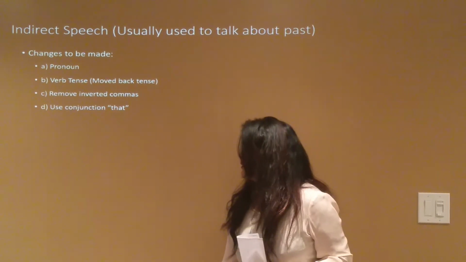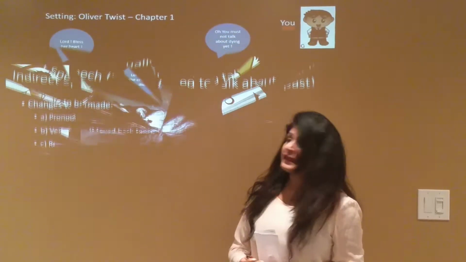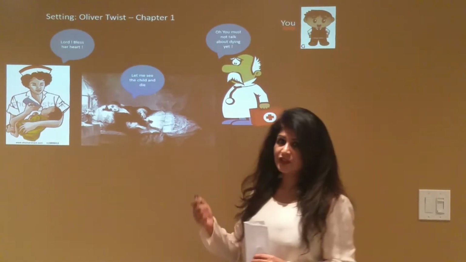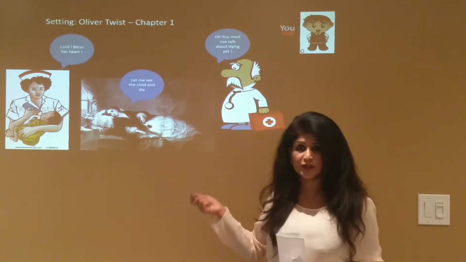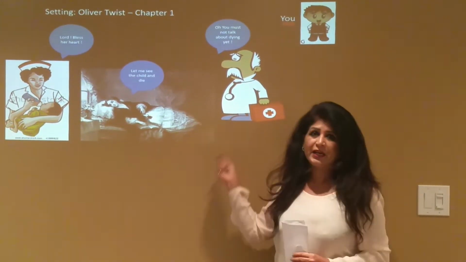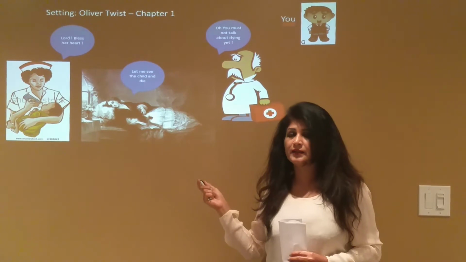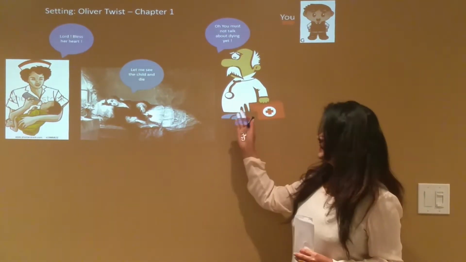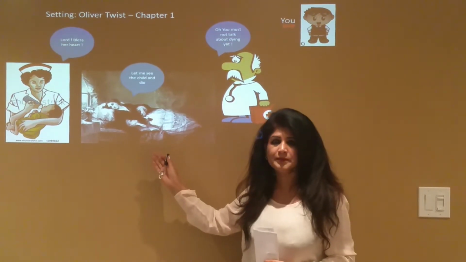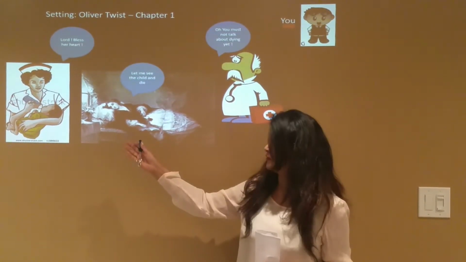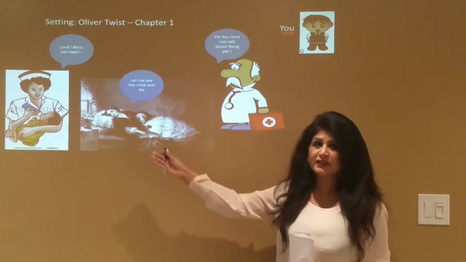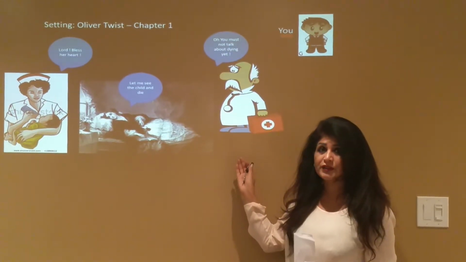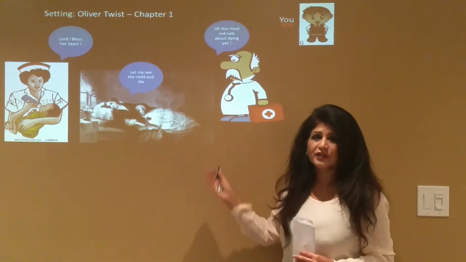Okay, so let's quickly take a look at what we are going to do today. Here we have a scene from our reading, where we see that Oliver's mom is giving birth to Oliver. There's a kind nurse and there's a surgeon, and they are talking to each other.